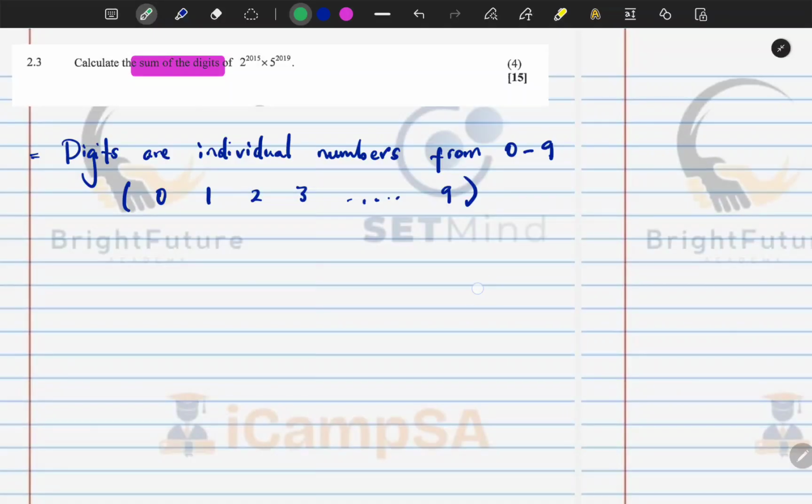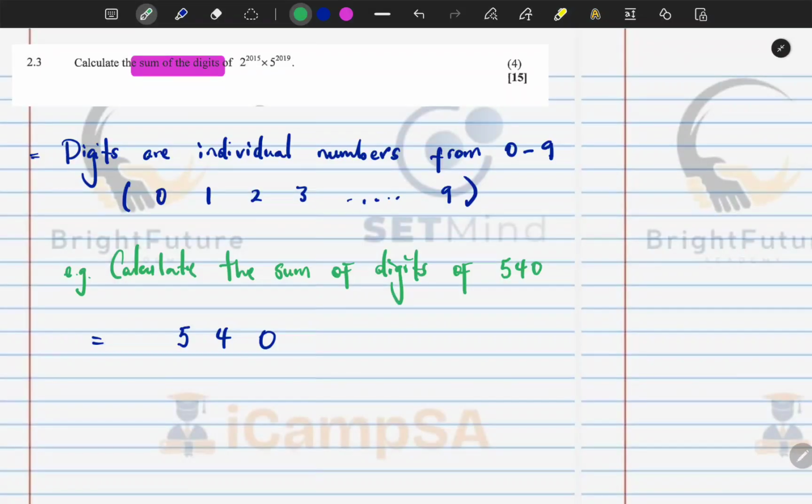When they say calculate the sum of digits, the best way we can understand that is by looking at an example. Let's say we need to calculate the sum of digits of, let's say, 540 as an example. The digits of 540 are 5, 4, and 0.